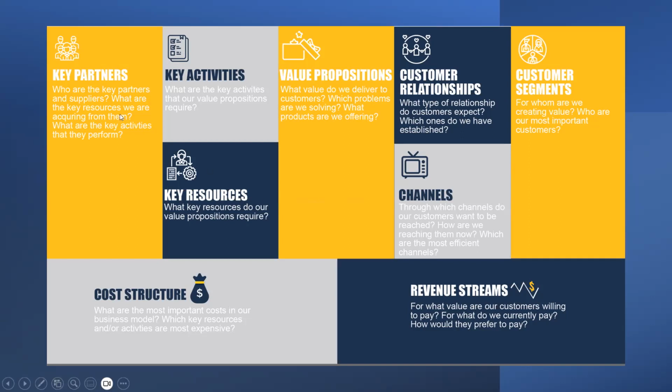And then number 7, who are the suppliers, the value chain, the people I need, other businesses that I need to be able to deliver my value proposition. I do a lot of virtual training now, and one of the key partners, a key resource I need, is internet connectivity.